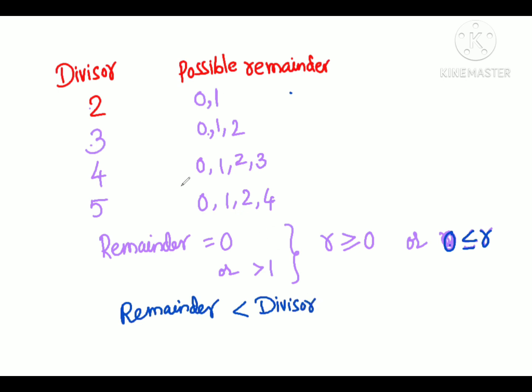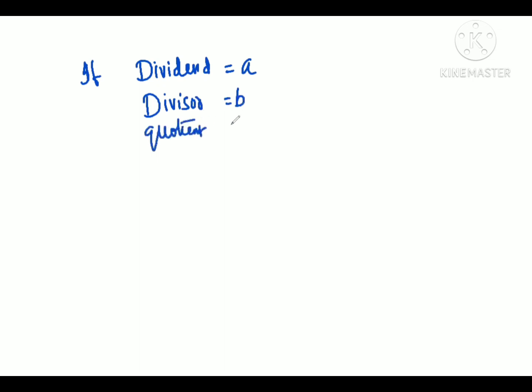So from this we can conclude that if the dividend is A, the divisor is B, the quotient is some Q, then the remainder is R. If we take it like this, we can check like this.